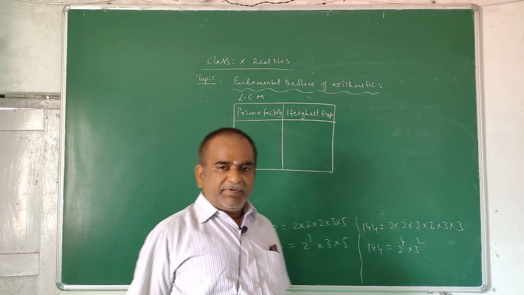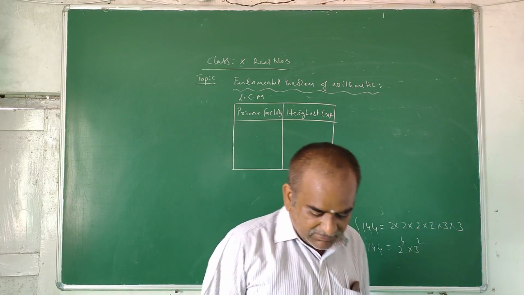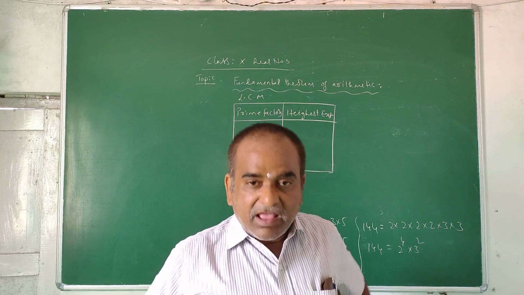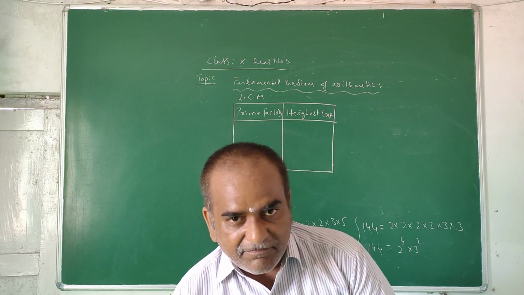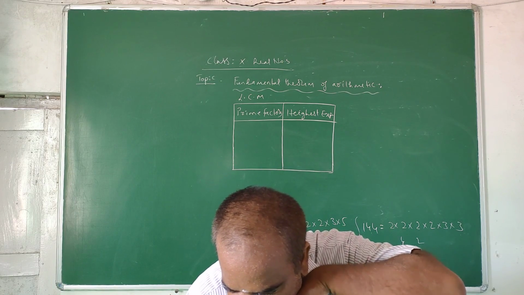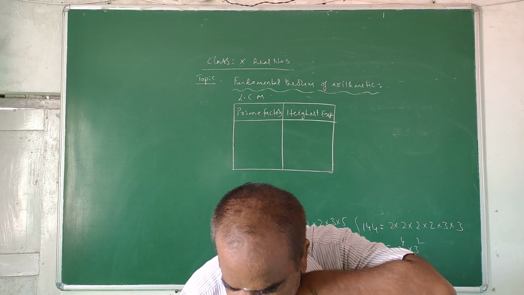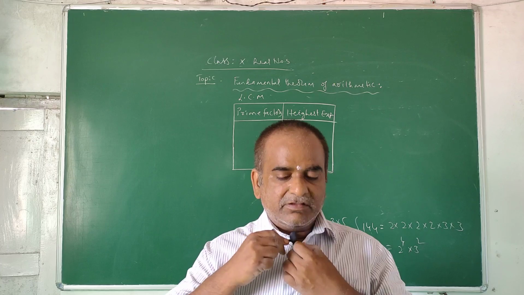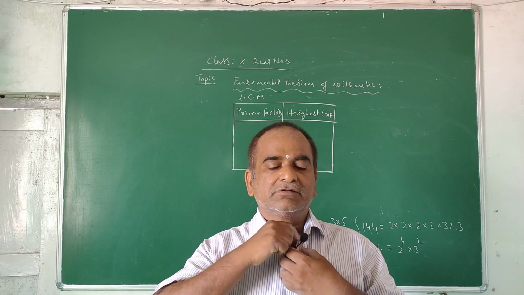So prepare a table, divide it into 2 blocks and write prime factors and highest exponent. Okay.